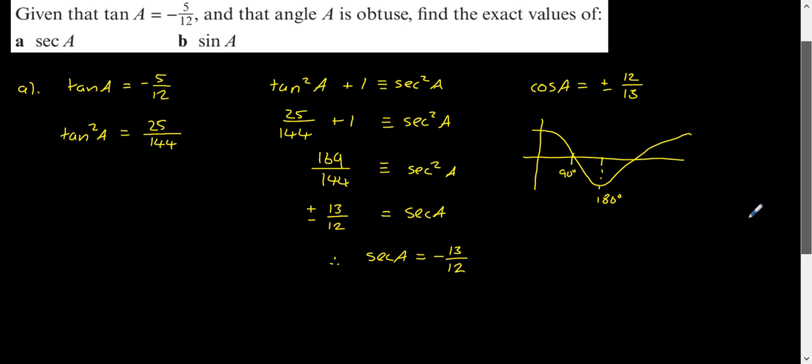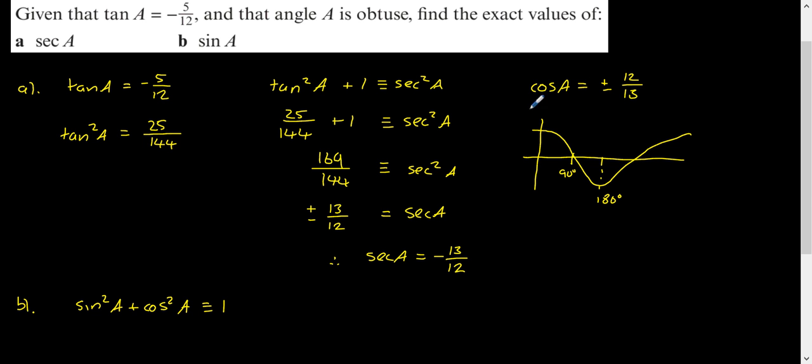So let's try the same thing then for B to work out what sine A is. There's numerous ways of doing this. There are other ways of doing part A, but I'm going to stick to my squares, okay? And I'm going to say then that I'm going to use sine squared A plus cos squared A is 1, okay? Sticking with the squares here.